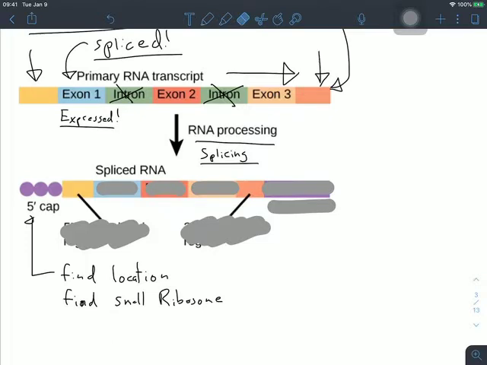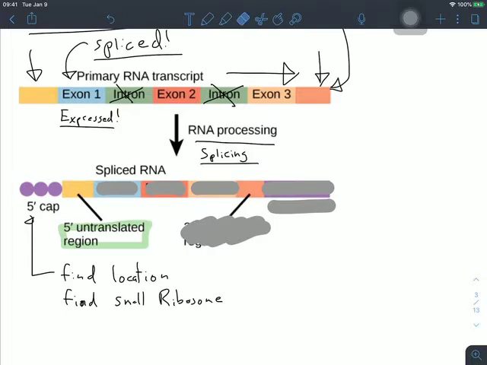After your 5' cap, you have something called the 5' untranslated region, meaning that this component of the sequence is not going to end up in the protein. Oftentimes, this is because you do not have a start codon here.